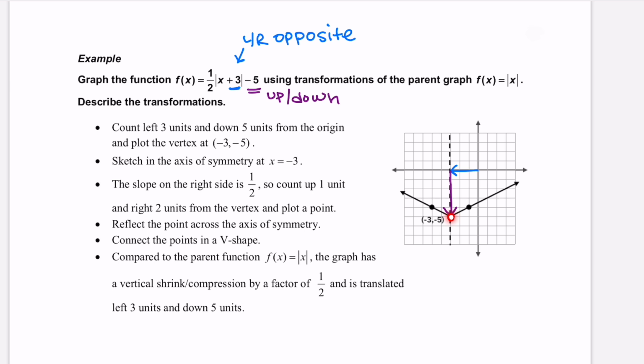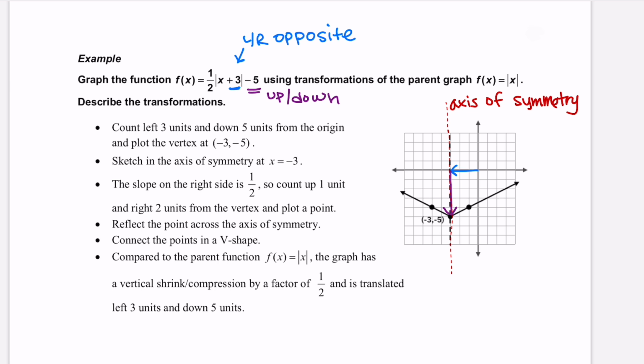Wherever you put the vertex, you're going to draw right on top of that vertex just a dotted line up and down. This is the axis of symmetry. The axis of symmetry, it's not part of the graph, it's kind of a folded line where all of the points are going to line up equally.